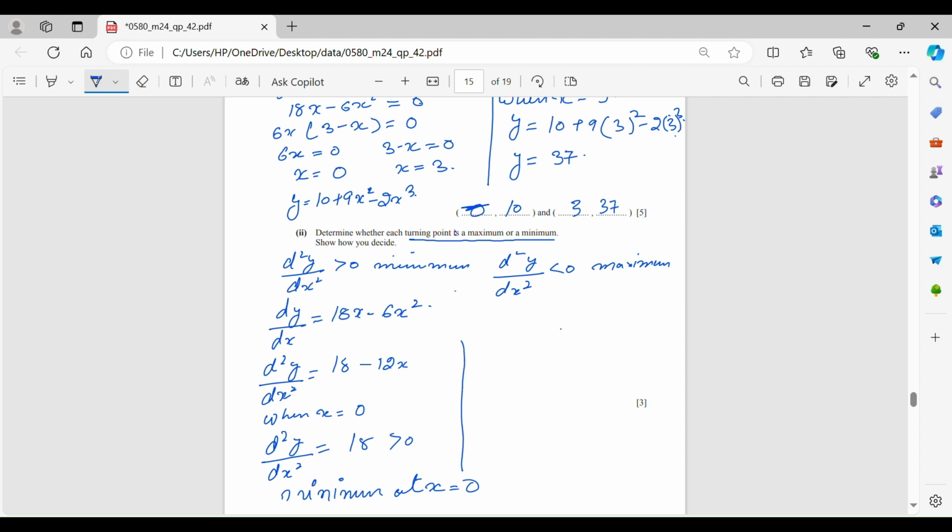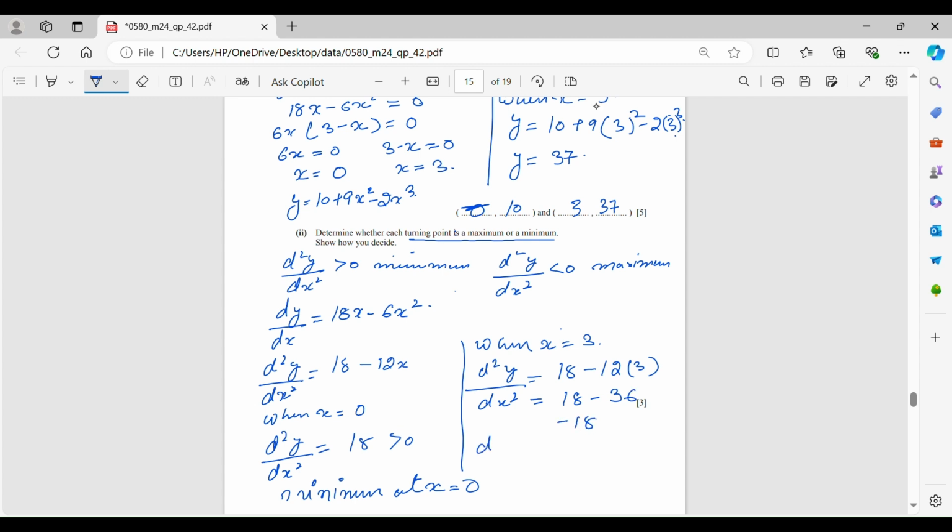Now second part, when x is equal to 3, d square y by dx square will be equal to 18 minus 12 into 3, which is 18 minus 36, equal to minus 18.